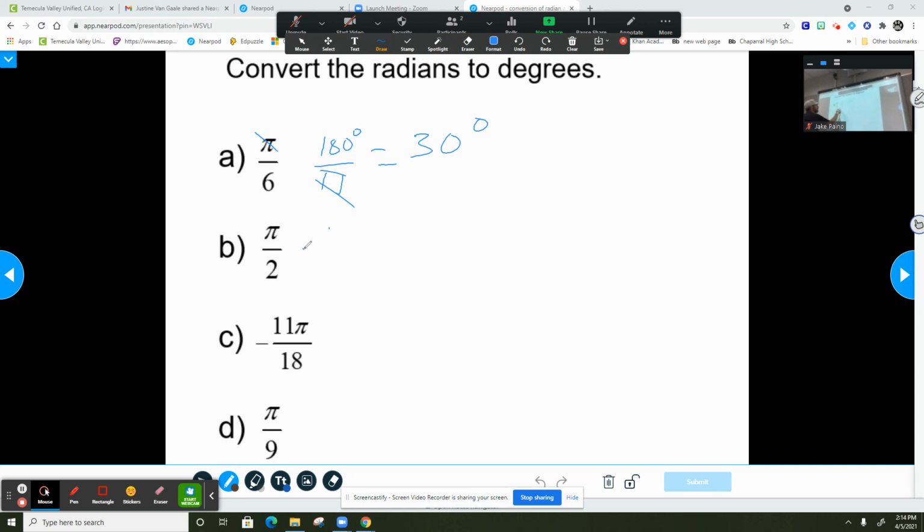Then 180 over pi, the pi's cancel out, that's 90 degrees. Again, negative just means you get a negative degree here. So times 180 over pi, the pi's cancel out. 18 goes into that 10 times, so you get negative 11 times 10, which is negative 110 degrees. You can do the last one on your own.